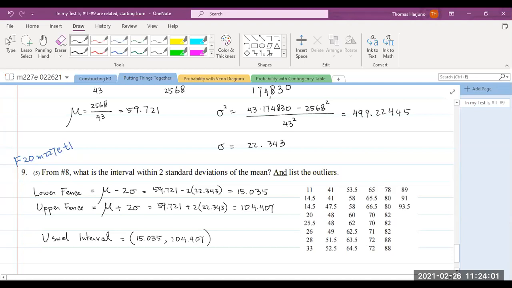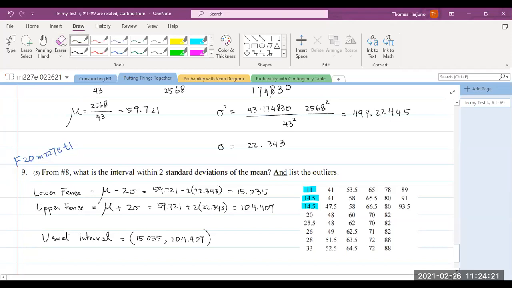But when we compare to our original data, these values here are not in the interval, right? But 20 is already in. And on the top, 93.5 is already in the interval.